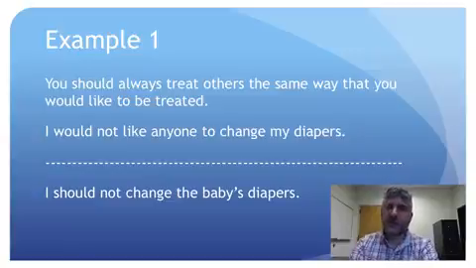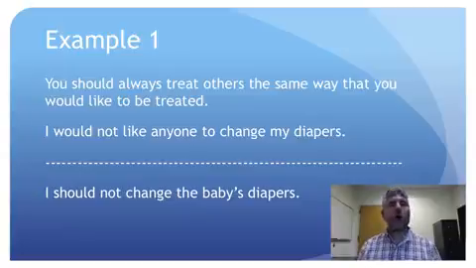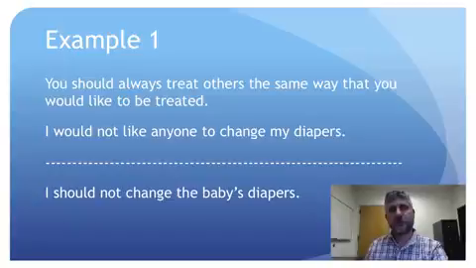The reason it doesn't succeed is because one of its premises is false. Now, premise 1 might seem to be true, but if it seems to be true, that's only because something very similar to premise 1 is true. What's similar to premise 1 that is true is the claim that you should usually, typically, often treat others the same way that you would like to be treated yourself.